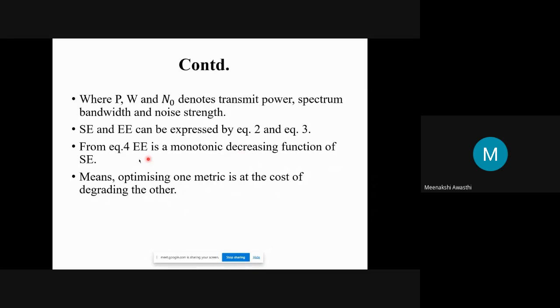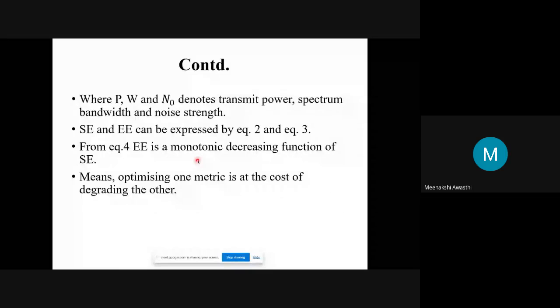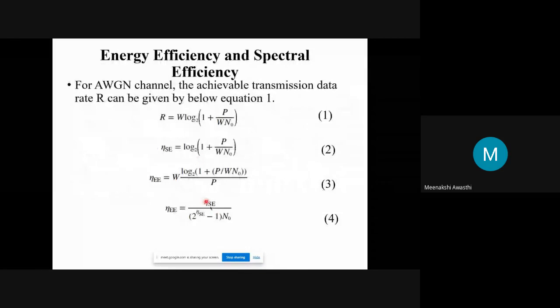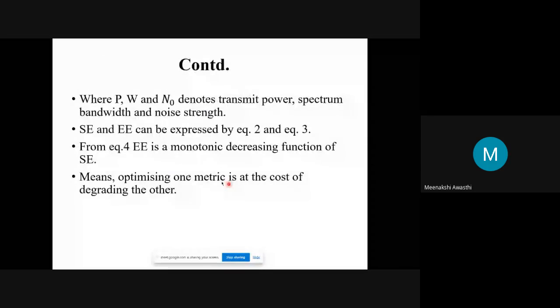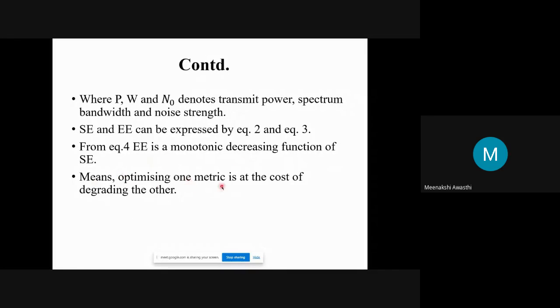From equation 4, you can see that energy efficiency is a monotonic decreasing function of spectral efficiency, which means that optimizing one metric is at the cost of degrading the other.